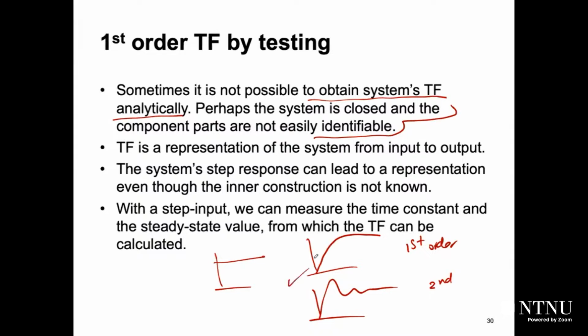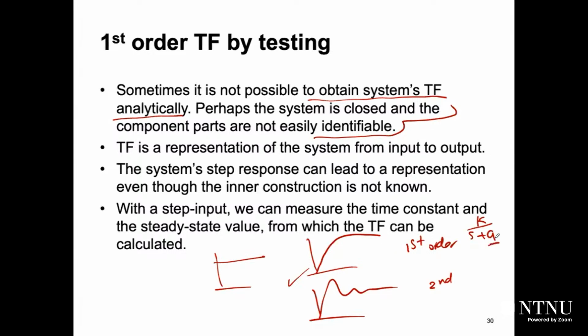If the response looks like this one, it's a first order system, and we can say the transfer function will be k divided by s plus a. If this one, it's a second order system, and we will study the transfer function of the second order system later. With the step input, we can measure the time constant and the steady state value from which the transfer function can be calculated.